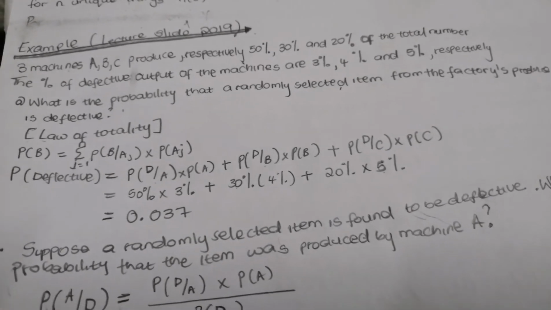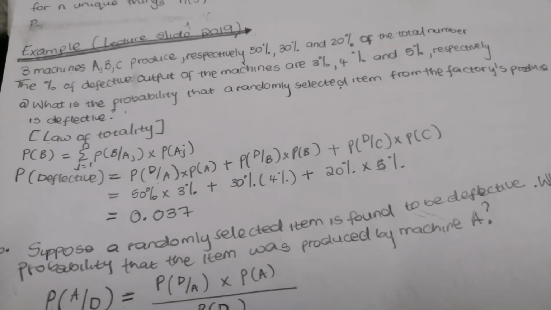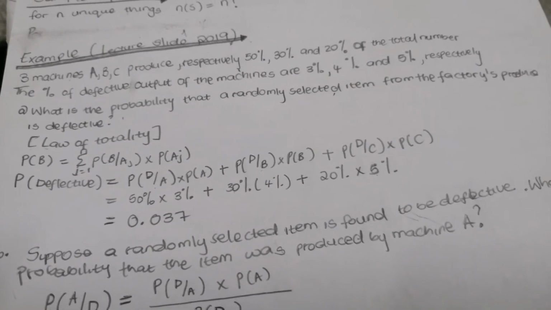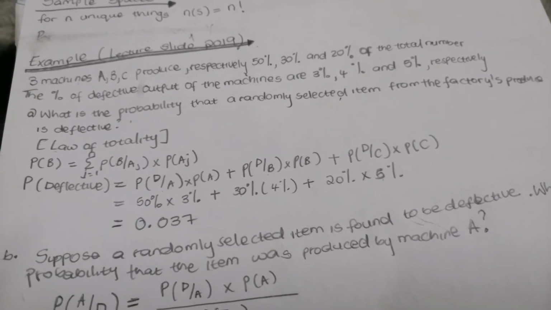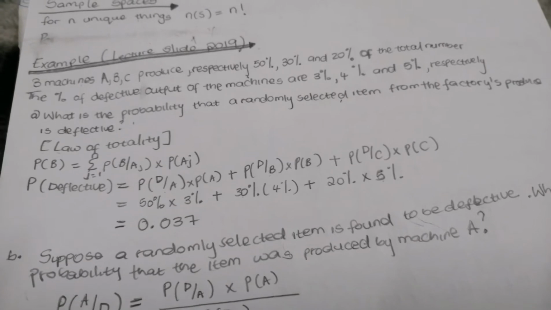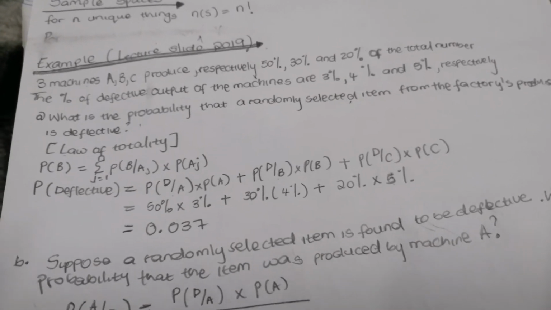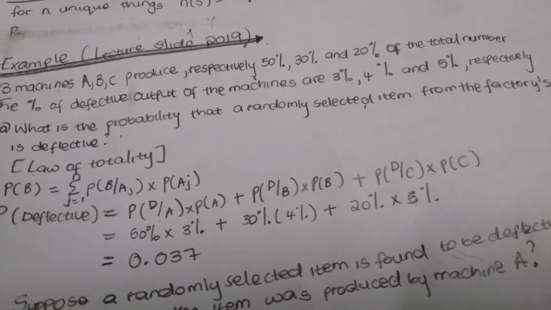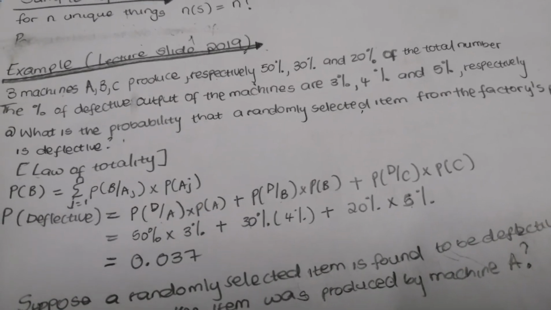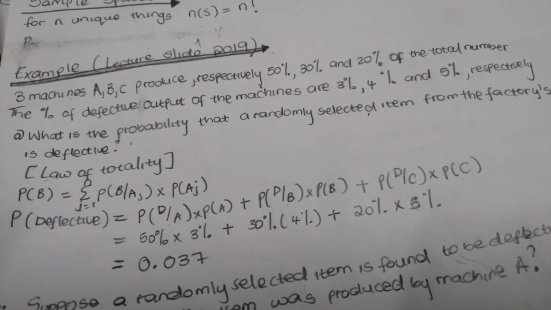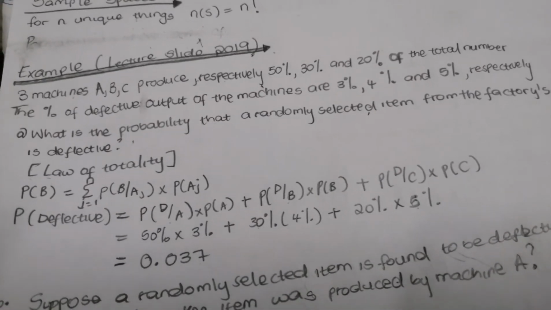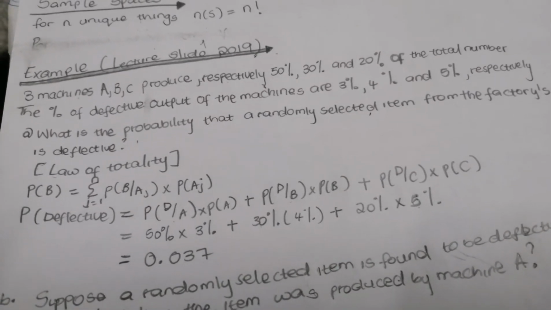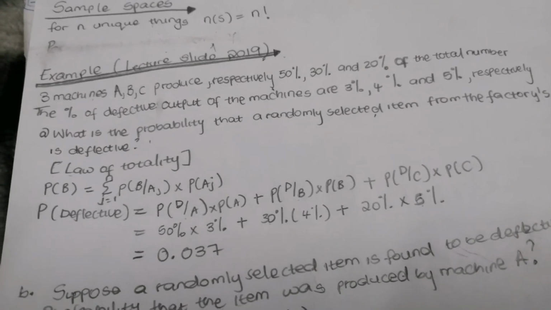The question said, 3 machines A, B, C produce respectively 50%, 30%, and 20% of the total number of items of a factory. The percentages of defective output of the machines are 3%, 4%, and 5% respectively.